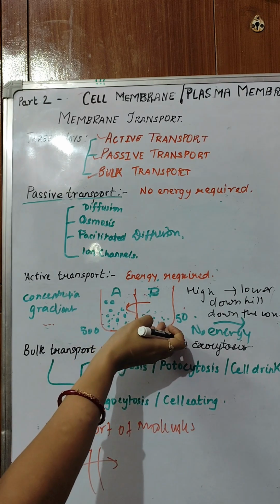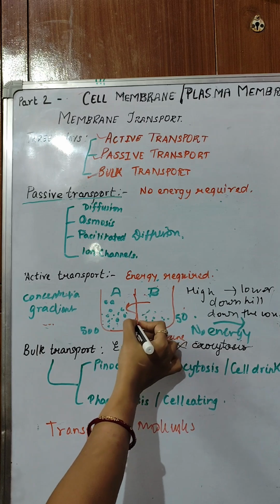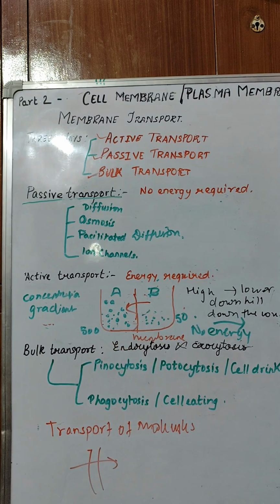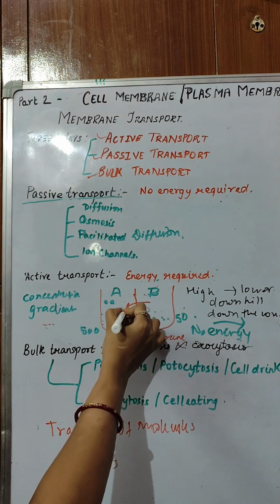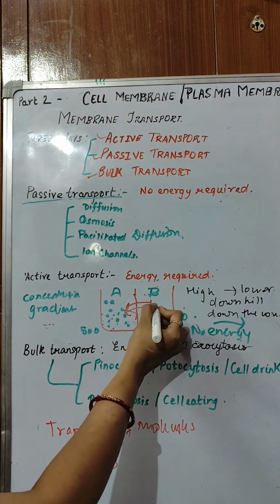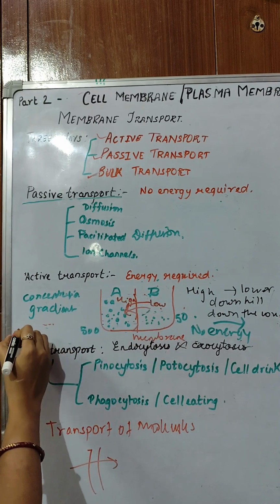You can't take money from a beggar like that; you have to fight for it. In the same way, here ATP hydrolysis will take place and its energy will be utilized. Movement from lower concentration to higher concentration requires energy.